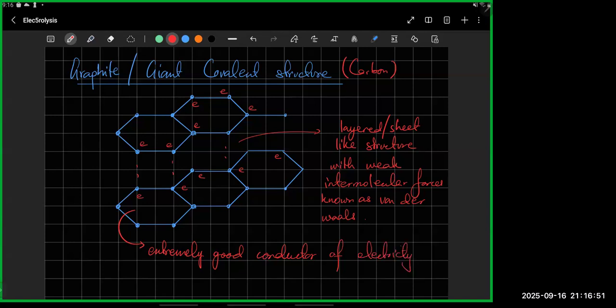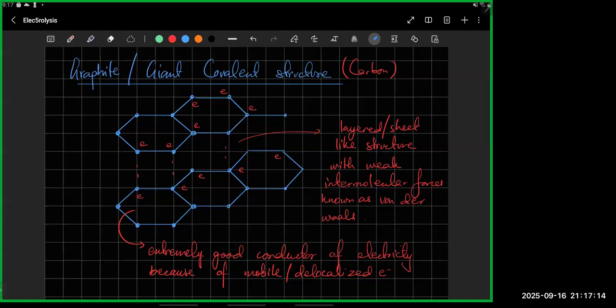Just like a metal, it's got delocalized electrons. Why? Because of mobile, free-moving, delocalized electrons.